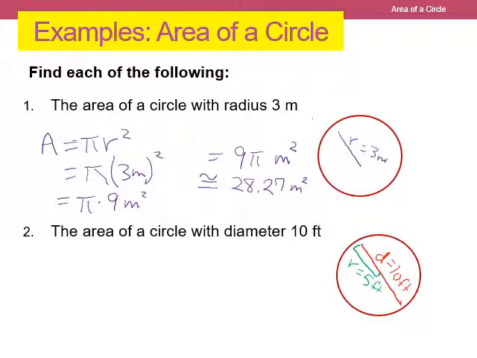So the diameter is double the radius. So our formula for area of a circle is pi times the radius squared, which is pi times 5 feet squared, which is going to be 5 times 5, 25 pi square feet.